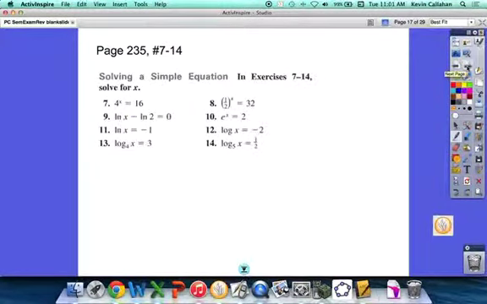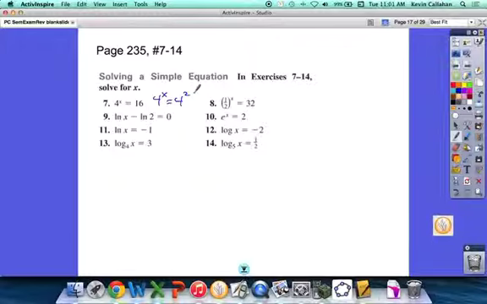Right? These are simple exponential and logarithm equations. Usually a simple exponential is what they would call a one-to-one property, where you try to make the exponentials on both sides have the same base. So this 4 to the x on one side, how could I write 16 so that it has the same base? It's 4 squared, right? So if 4 to the x equals 4 squared, then x equals 2.